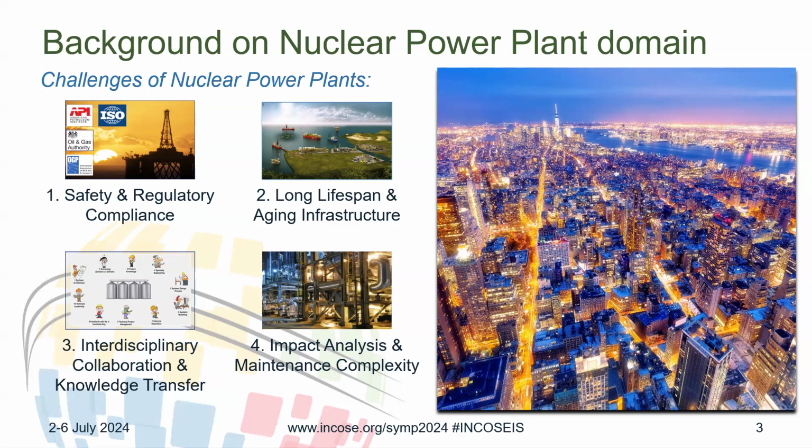Once the power plant is developed, it is expected to have a very long lifespan, and there are also problems with the aging of the infrastructure. So preparing for the different wear and tear and doing the maintenance becomes very critical.